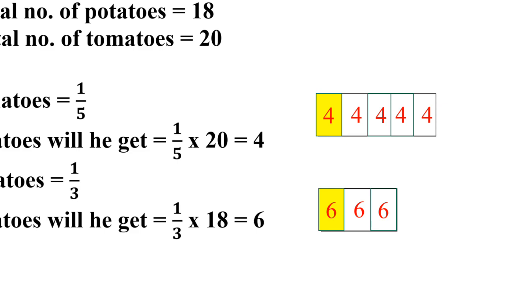We will get 4, so we write 4 in each box, that is each part. Here, we have colored only one box for 1/5. That is your answer. One box has 4. So, 1/5 of 20 is equal to 4.